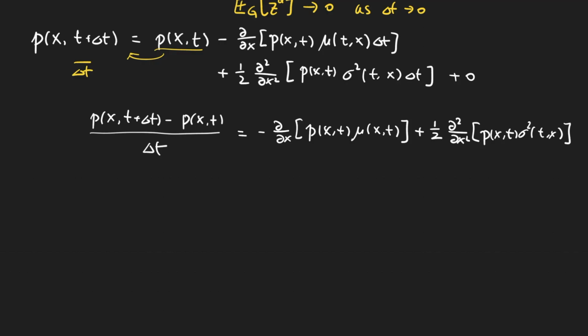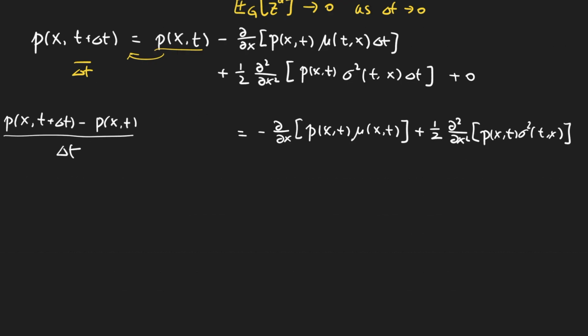So if you look at this left-hand side here, this is just a partial derivative as delta t goes to 0. So I'm just going to replace this with a partial derivative. And that is the Fokker-Planck equation.